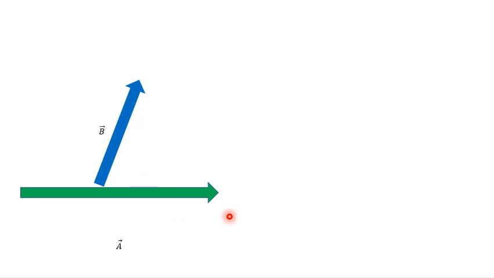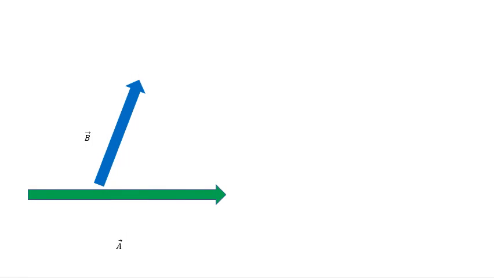Now let us adjust these two vectors, starting with A. Now we will adjust the vectors in such a manner that these two vectors have a common point. This point is the common point for your vectors.